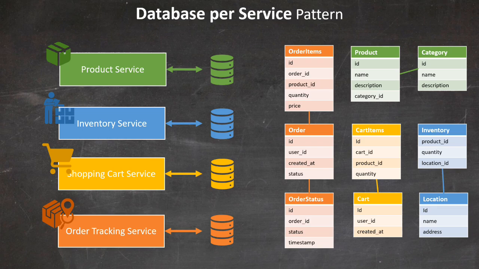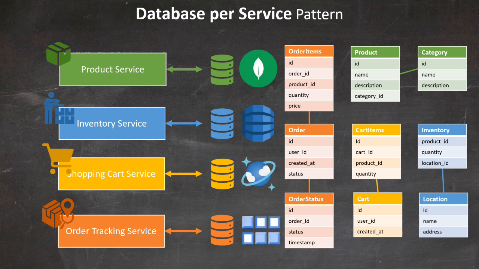This architecture allows for significant flexibility in database technology choices, tailored to each service's specific requirements. For instance, one service might leverage MongoDB or DynamoDB for its NoSQL capabilities. Pushing this decoupling even further, we could host services across different cloud providers, utilizing Azure Cosmos DB or Google Cloud Data Store for NoSQL needs.